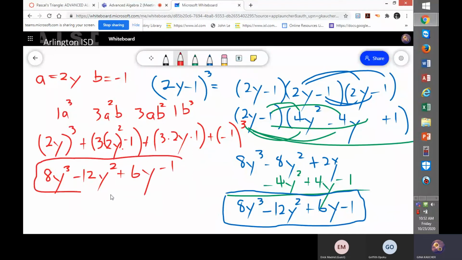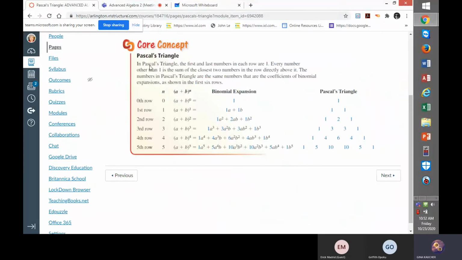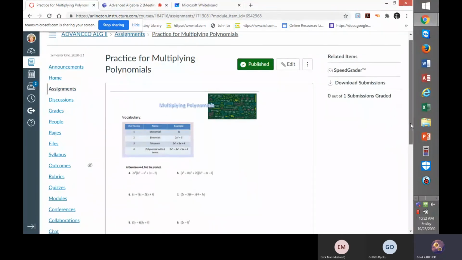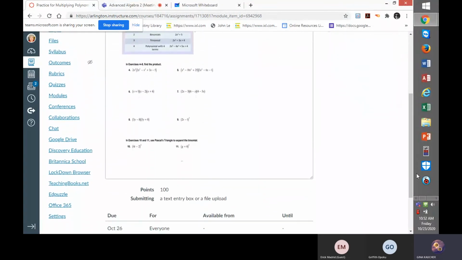So I don't know which way was easier. I think it depends on if you actually remember the pattern for Pascal's triangle. If you practice it a little bit, and I have some problems for you to practice, then you might remember it. So if you look at the practice for multiplying here at the bottom, you're both supposed to do these with Pascal's triangle: 4t minus 2 to the 4th, t plus 6 to the 5th.